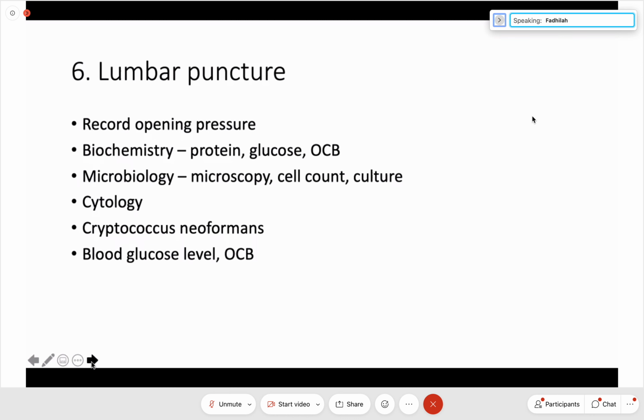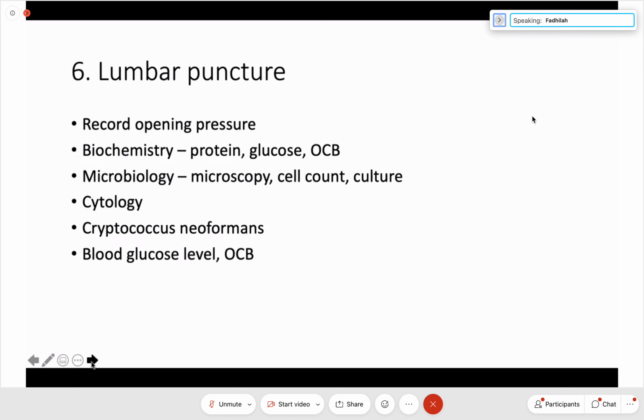And at the same time, of course, you have to do blood glucose level, right? You know that the CSF glucose level is two-thirds of the serum glucose level, right? So that can aid you in making the diagnosis whether this is bacterial meningitis or not. And oligoclonal band electrophoresis, you need to do serum as well as in the CSF, and then you can compare.